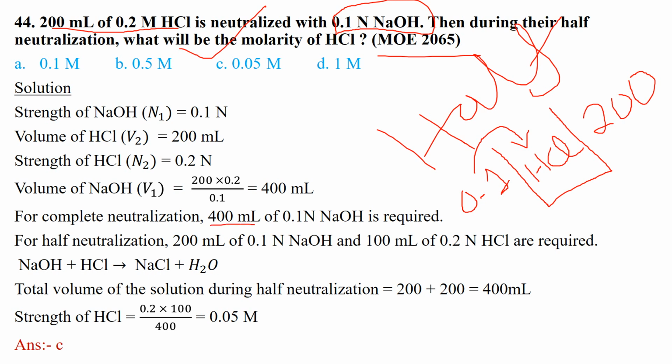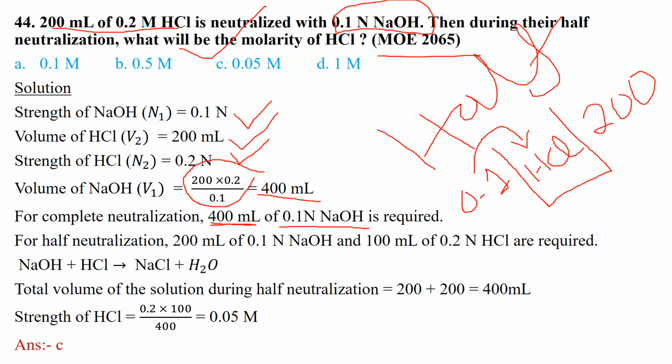This is the strength of NaOH, and this is the volume of HCl, with strength 0.2 normal. In case of HCl, the normality is equal to molarity because the basicity of HCl is 1. Then the volume of NaOH required is equal to 400 ml according to the normality equation. So for complete neutralization, 400 ml of 0.1 normal NaOH is required.